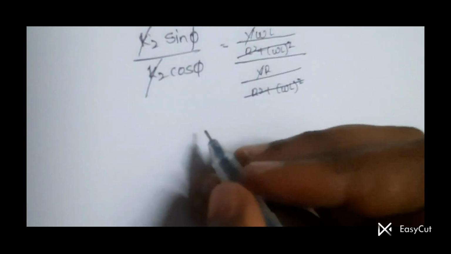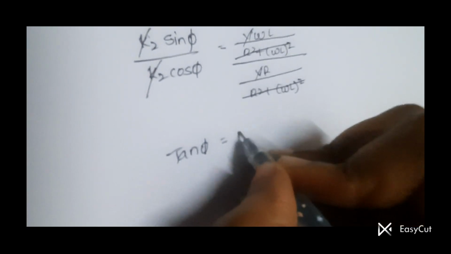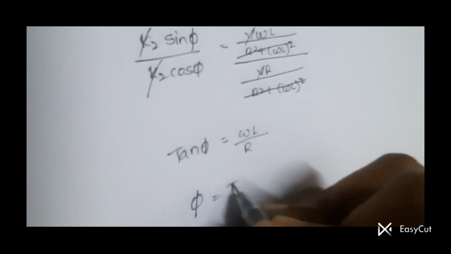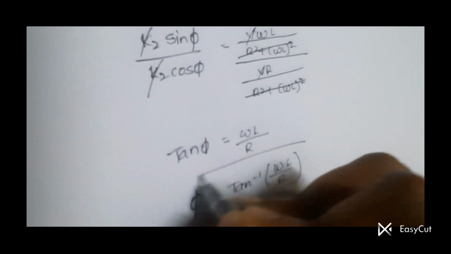Now sin phi by cos phi, tan phi, equals omega L by R. Phi equals tan inverse of omega L by R.